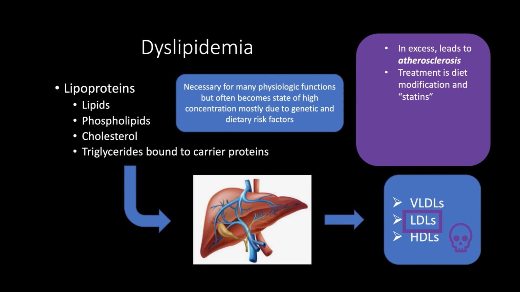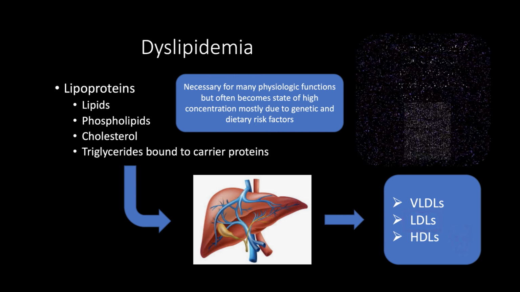But when they're in excess, this is what leads to the atherosclerosis, that picture that I showed of the buildup, the deposits, the fatty deposits. And the way that we treat people that have high LDLs is with modification of their diet. And then also sometimes we'll put them on statins. So this is your simvastatin, lovastatin, pravastatin, statin, all your different statins, right?